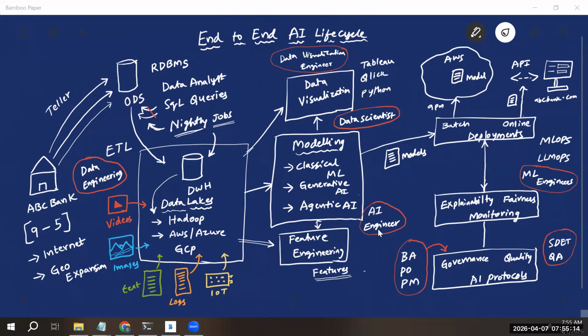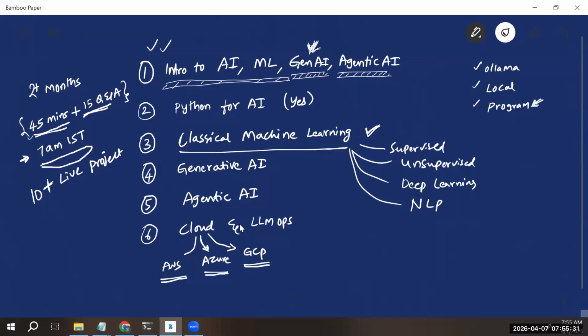So there is a question, will this course focus on modeling, data scientist and AI engineer roles? Primarily, yes, but we will also cover deployments and cloud and other things as well. If I go back to my previous slide, this is the structure of the course. We are here, getting into the AI introduction to ML.